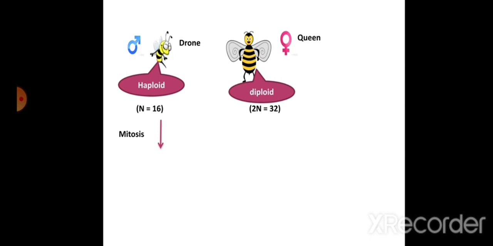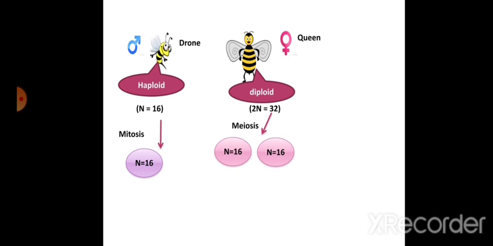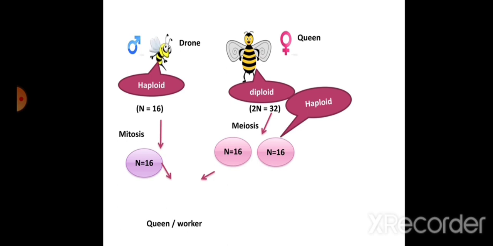Now the drone, during spermatogenesis, undergoes mitotic division and forms sperms with n equal to 16, whereas the diploid queen undergoes meiotic division during gamete formation and produces eggs with n equal to 16. If there is fertilization between the sperm and the egg, then a diploid organism with 32 chromosomes will be produced, and that may become a queen or a worker.